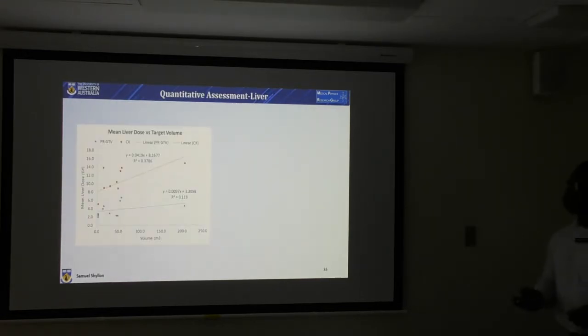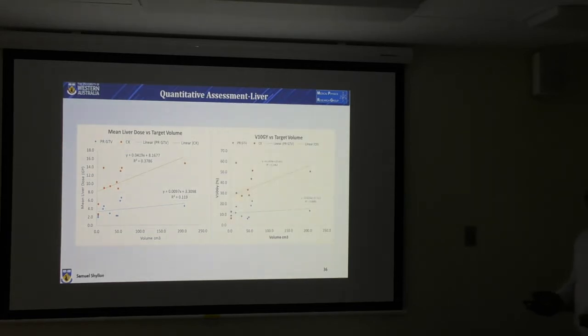And if we look at the plot of the mean dose to the liver versus the target volume, and the volume receiving 10 gray or more versus the target volume, we notice that for the CyberKnife plans, there is a general increase in the dose to the uninvolved liver as the tumor volume increases. But for the proton plans, this appears to be relatively constant.